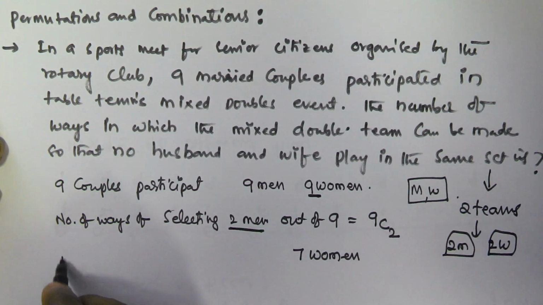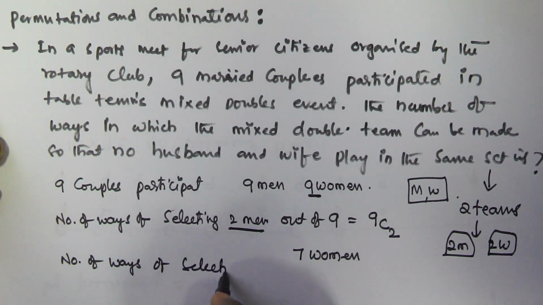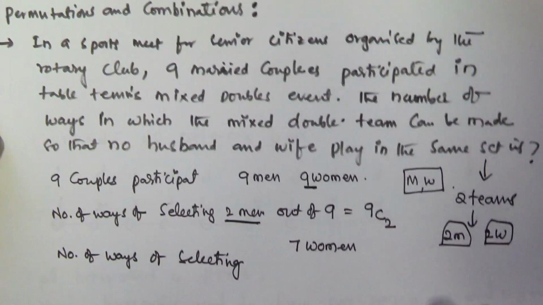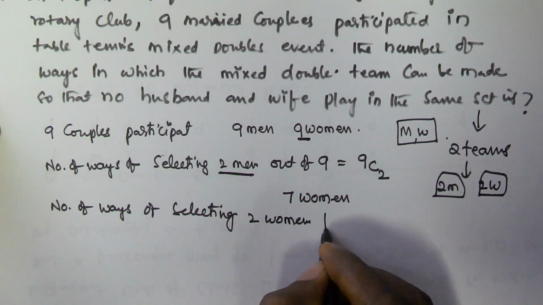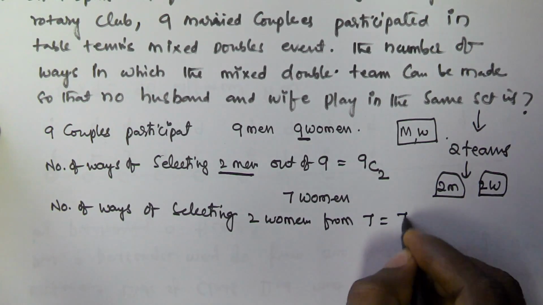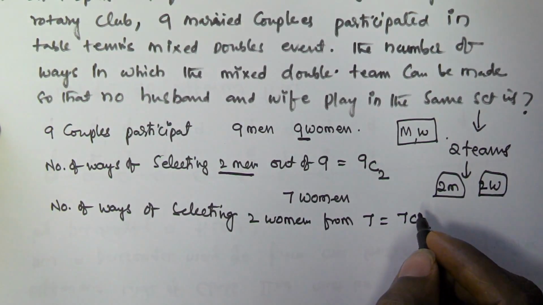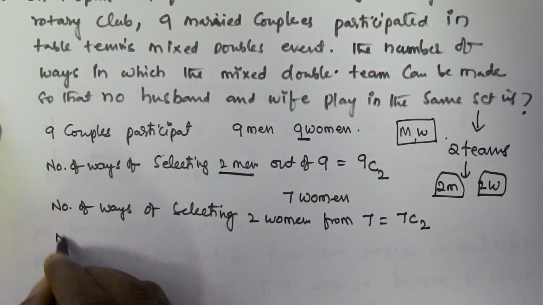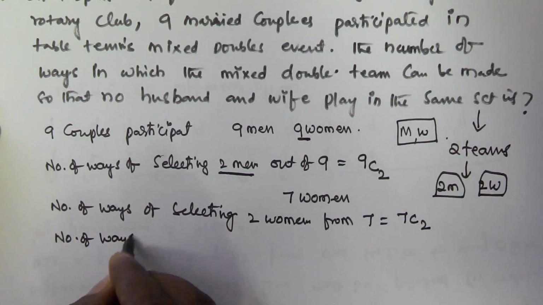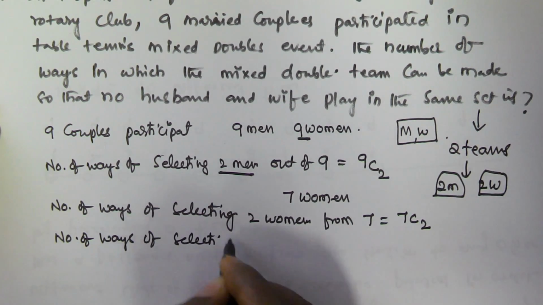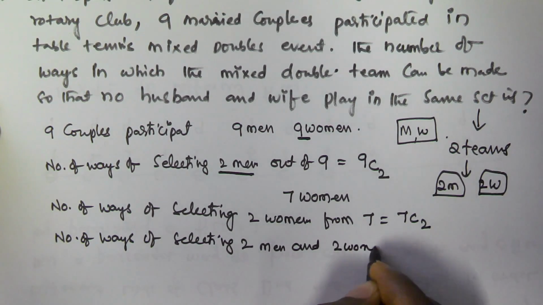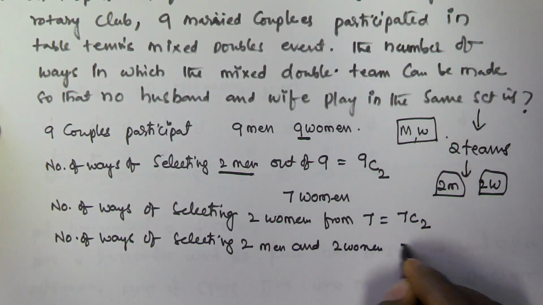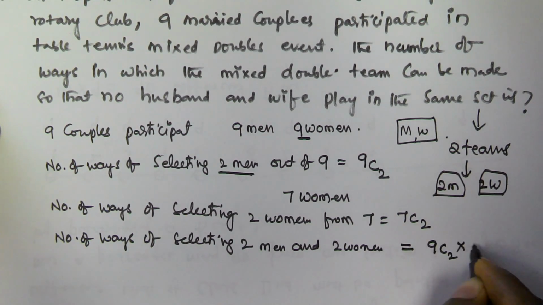So the number of ways of selecting 2 women from 7 is 7C2. So the number of ways of selecting 2 men and 2 women is 9C2 into 7C2.